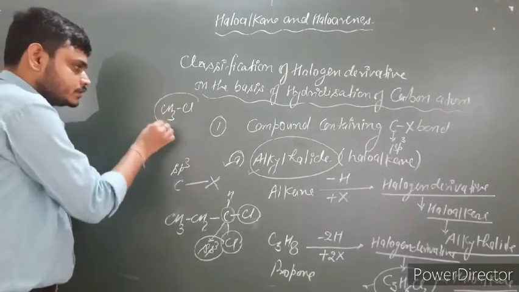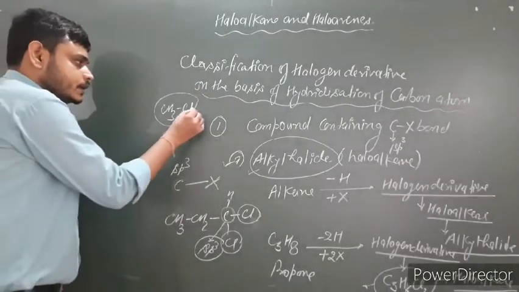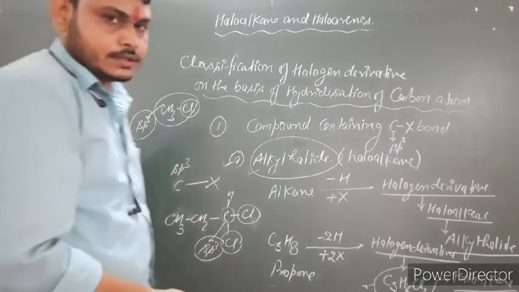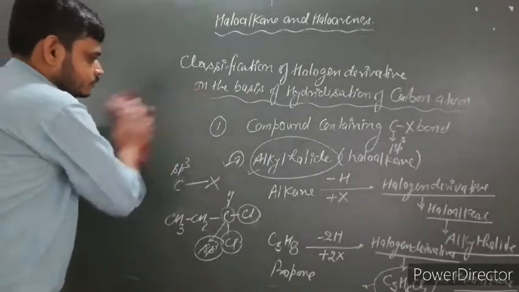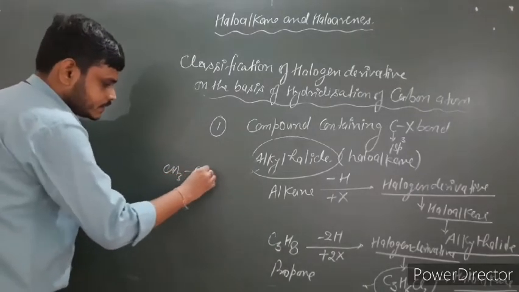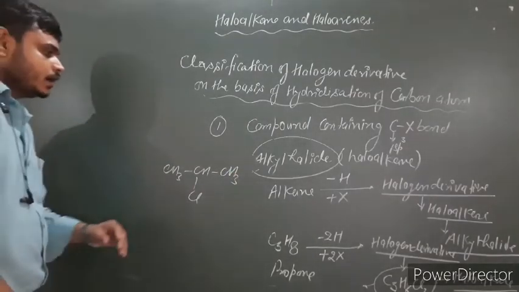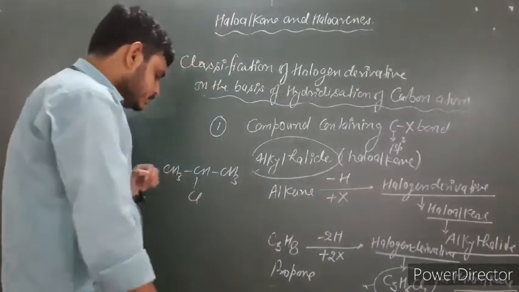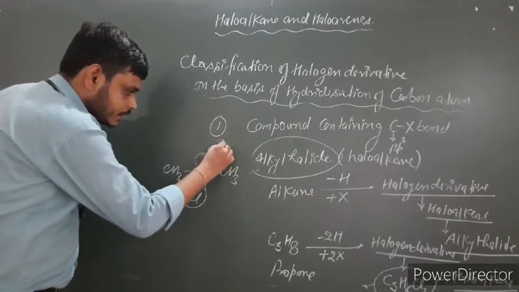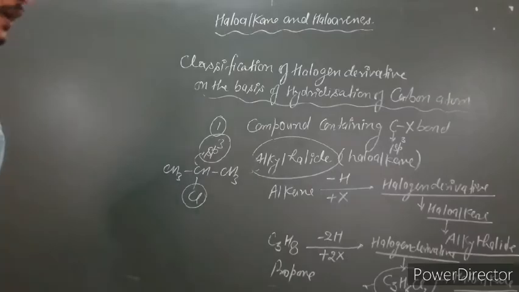CH3Cl is also an example of alkyl halide or haloalkane, because here the chlorine atom is directly attached with the sp3 hybridized carbon atom. One more example, CH3CHClCH3. This is also an example of alkyl halide or haloalkane, because the chlorine atom is directly attached with the sp3 hybridized carbon atom.